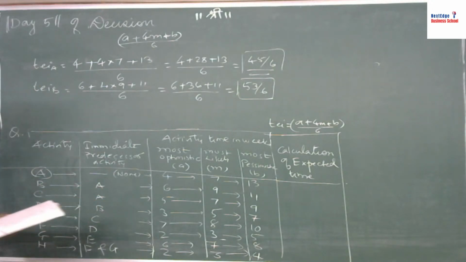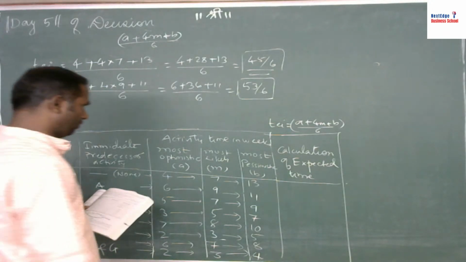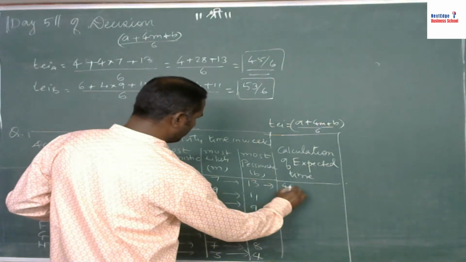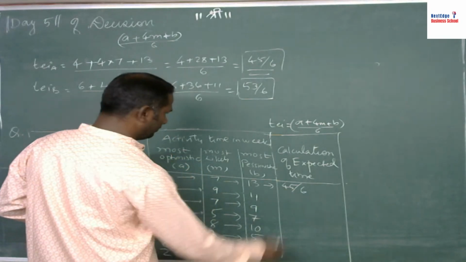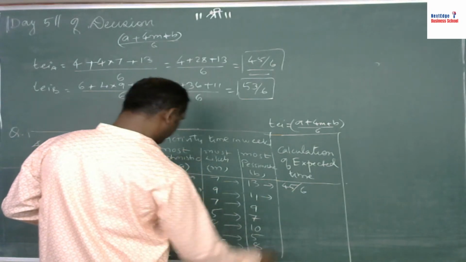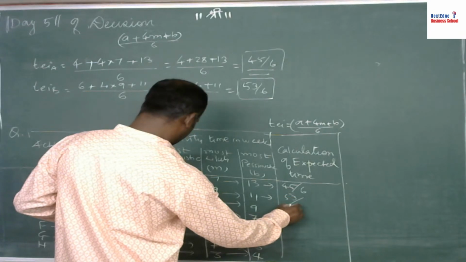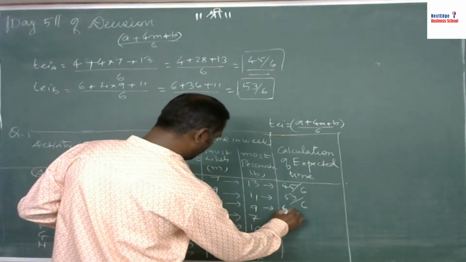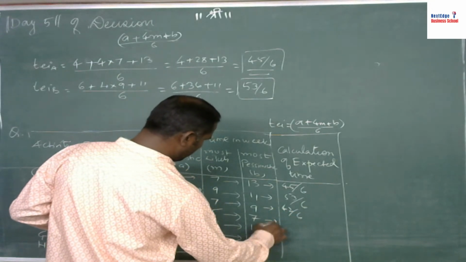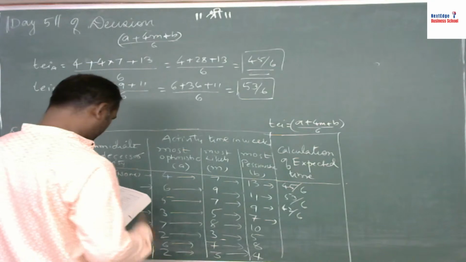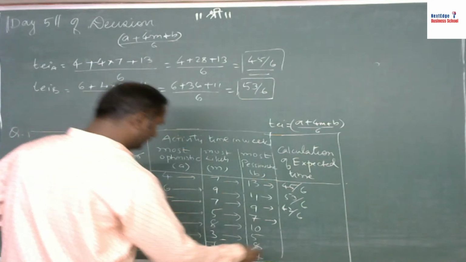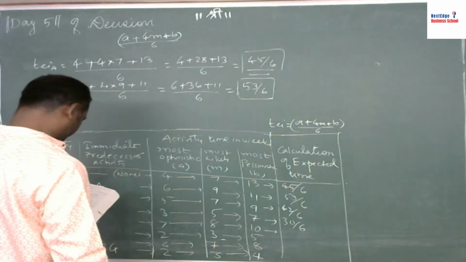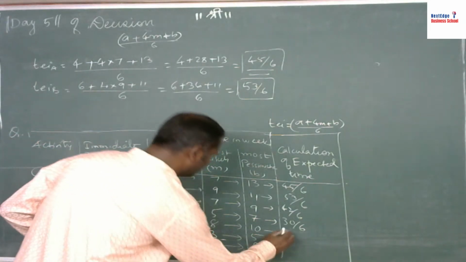So I am just writing all the values out here for your understanding. For the first activity A, it is 45 by 6. For B, it is 53 by 6. For C, it is 42 by 6. For D, it's 30 by 6. For E, it's 49 by 6.